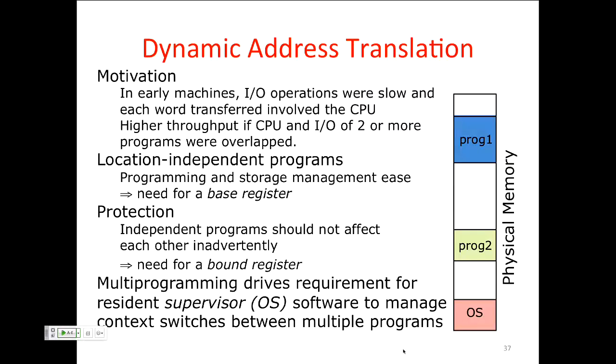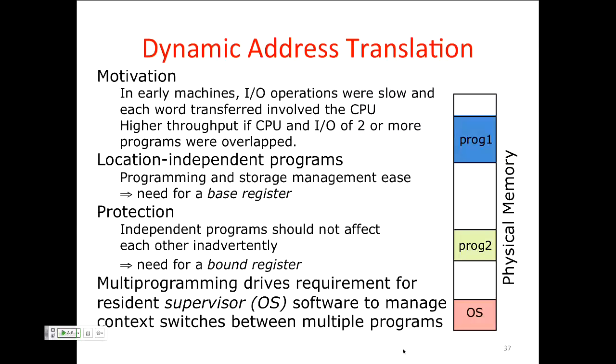People ran into the problems that you needed to protect them from each other, and they all needed to have their own addresses that they could access without interference. So what people did was split up the physical memory, and each application would get a different consecutive part of the physical memory.